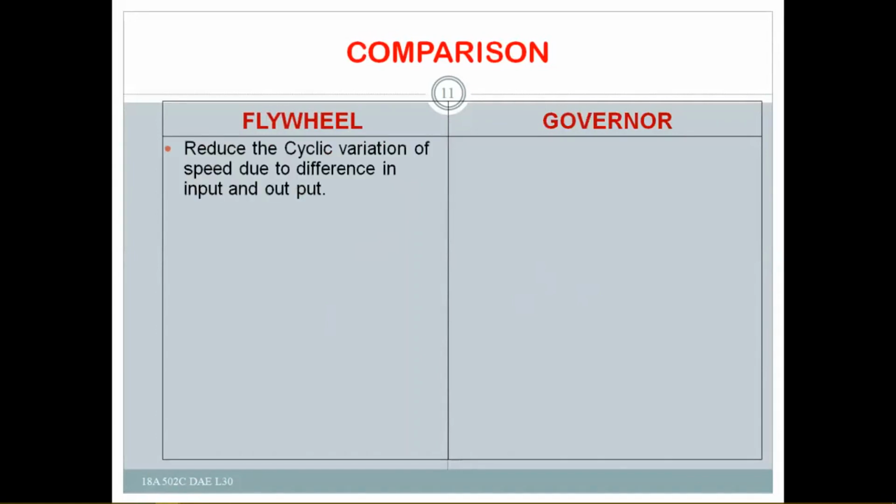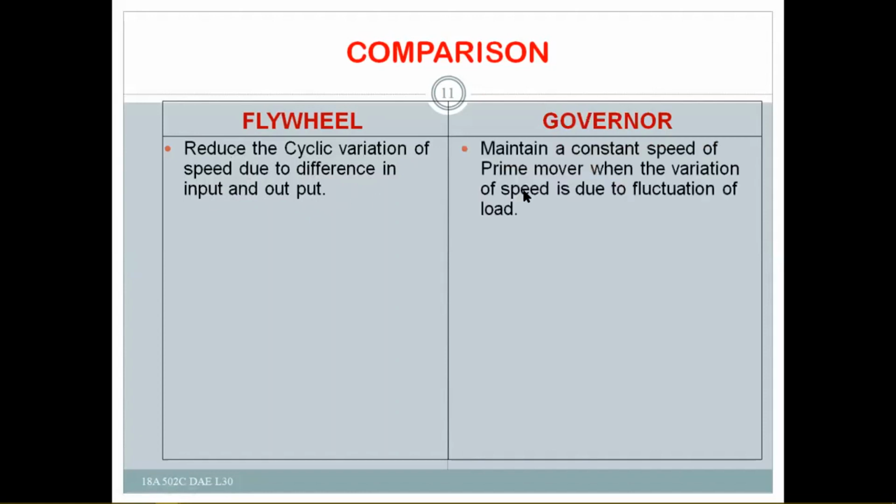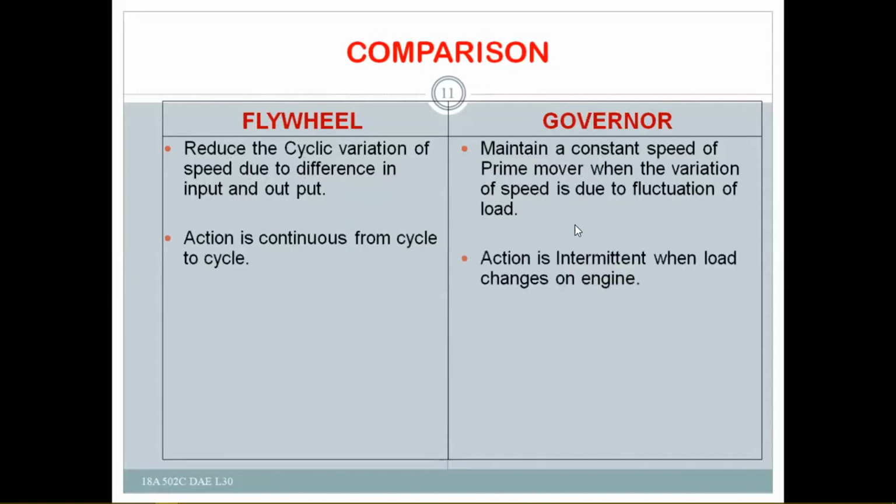Number one, the flywheel reduces the cyclic variation of speed due to difference in input and output. Only it will help in reducing the cyclic variations, whereas the governor maintains constant speed of the prime mover whenever the variation of speed is due to fluctuation of load. That means it depends on the load conditions. The action is continuous in case of the flywheel, whereas in case of the governor it is intermittent.